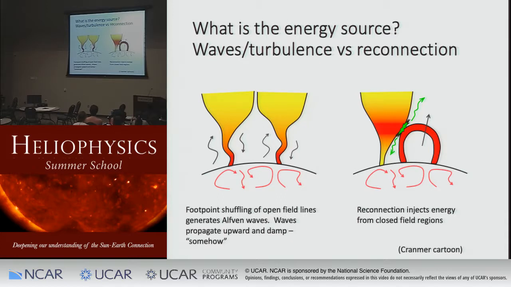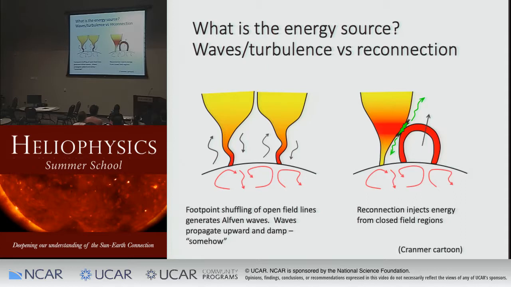This is an often used cartoon that I believe comes from Steve Kramer. Basically the two models that we hang on to in this kind of Parker-like scheme of solar wind expansion are wave-driven turbulence and reconnection. In the simplest version, the wave-driven turbulence model goes like this.